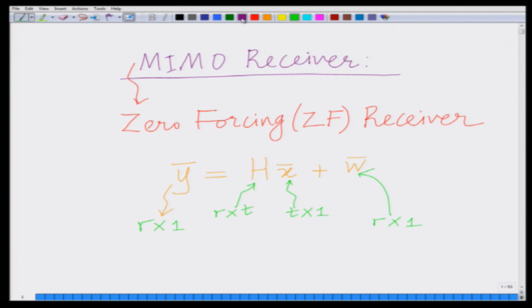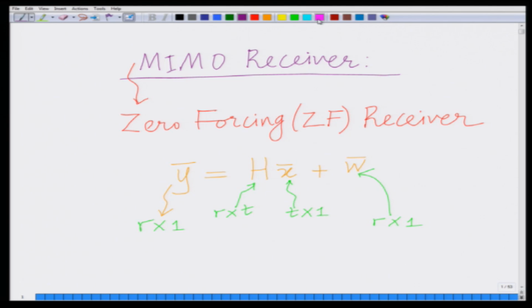And now the question is, at the receiver, how do we recover this transmitted vector x bar? So we are observing y bar, that is y bar is the received vector. Now from y bar, how do we recover x bar, that is how do we estimate x bar? This is the problem of reception in the MIMO system, right.